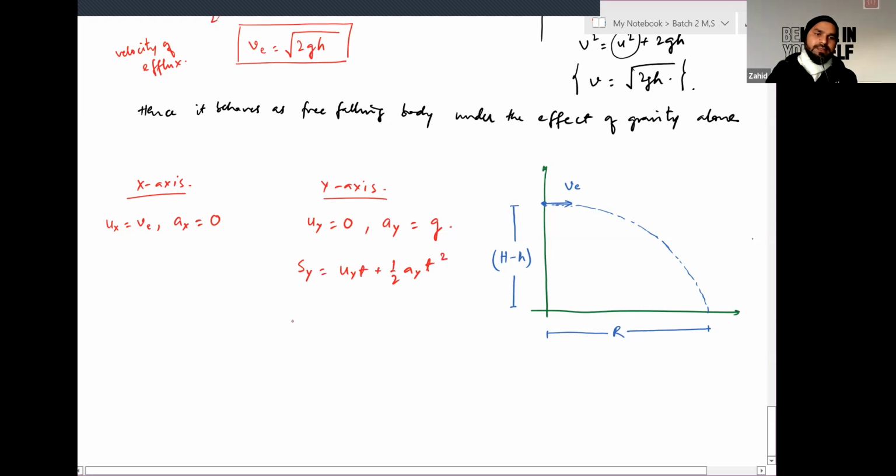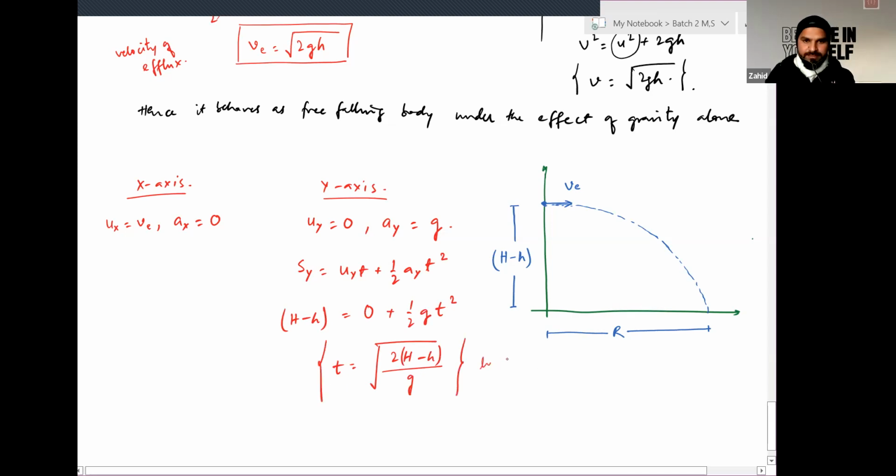Vertical distance is H minus h. Initial velocity along the y-axis is 0 and acceleration along the y-axis is g, so H minus h equals half g t squared. So t will be equal to root under 2 times H minus h divided by g. This will be the total time taken by the liquid to hit the ground, so we may call it the time of flight.